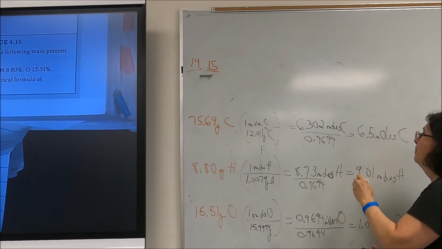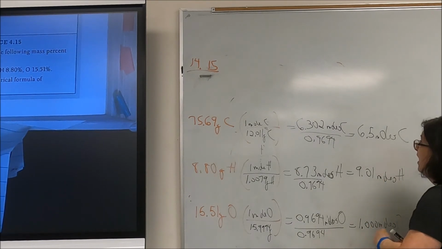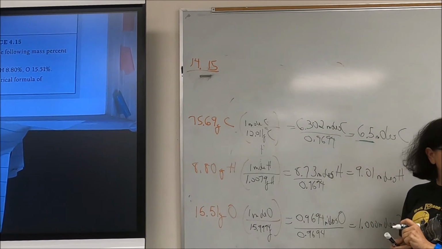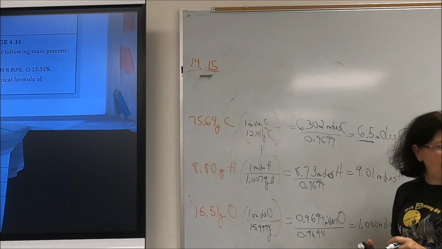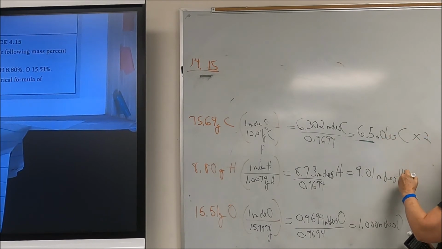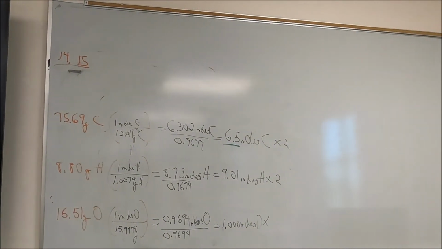moles of carbon. Now, guys, pay attention right here. That's not within 0.1 of a whole number. I can't round to a whole number here. In fact, that one's smack dab in the middle. Now, I happen to know when it's 0.5, I'm going to multiply by 2. So I'm going to multiply each one of those by 2.